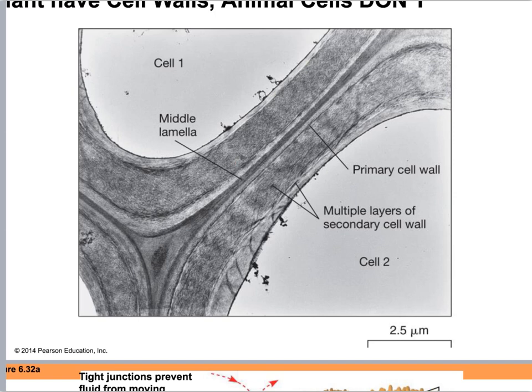And then we can see this very extensive cell wall that is made up of some very thick fibers. And then there is an area in between called the middle lamella that connects the two cell walls together. So cell walls are very rigid in these plant cells and give the plant cells their structure.